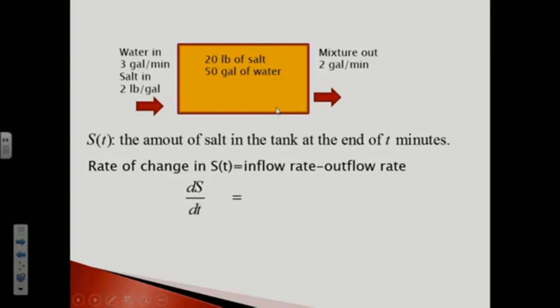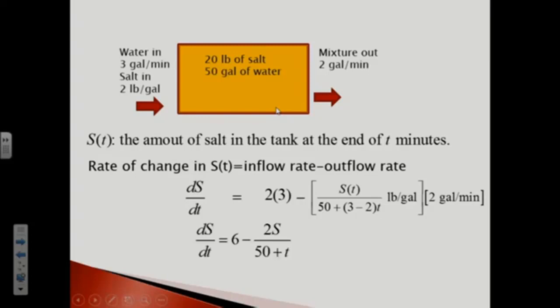The inflow rate is 3 multiplied by 2 equals 6 pounds of salt per minute. The outflow rate is the concentration of salt in the tank multiplied by 2 gallons per minute. The concentration of salt in the tank is S(t) divided by (50 plus 3 minus 2 multiplied by t). Thus, the net rate of change dS/dt is given by 6 minus 2S over (50 plus t).